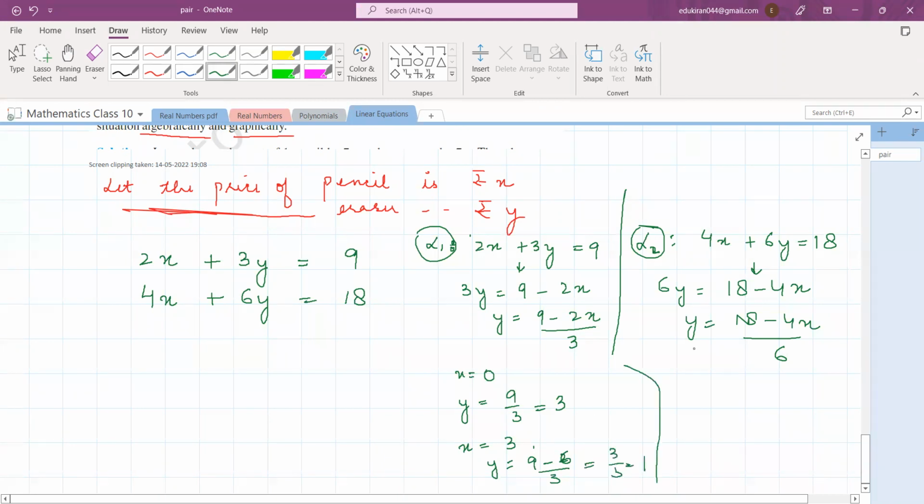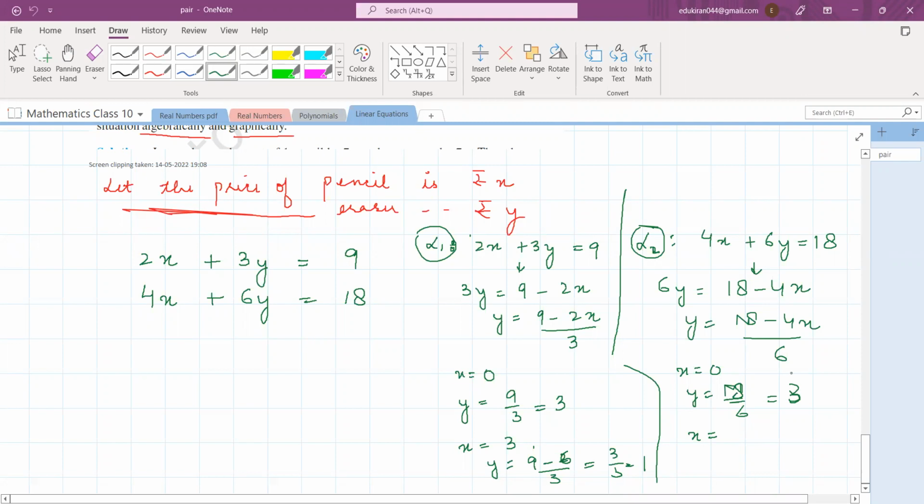Now come here. First take x is 0, so it will be 18 by 6, so y will be 18 by 6, which is 3. What else can I take? If I take x is equal to 4, 18 minus 16 is 2, so I'll get 2 by 6.